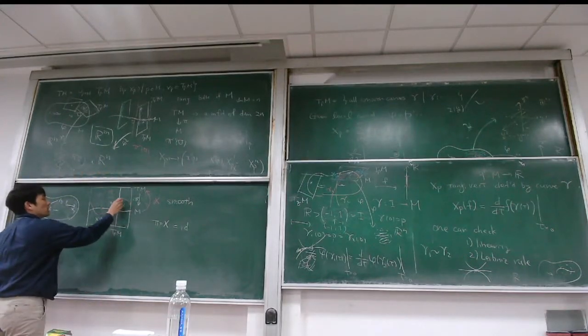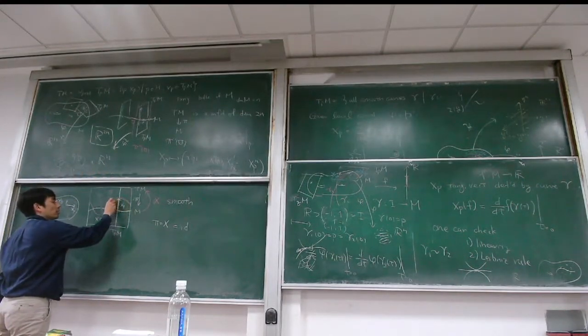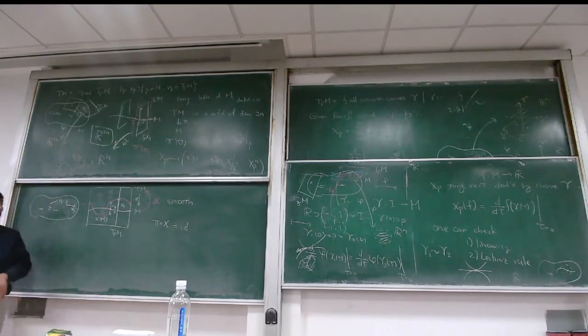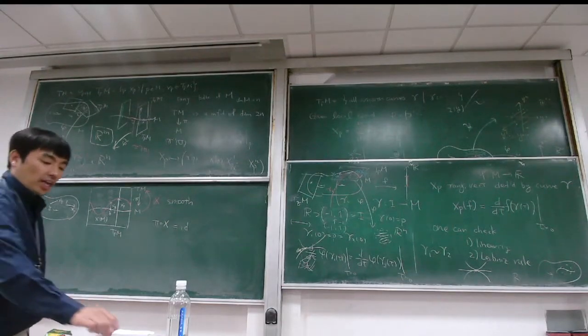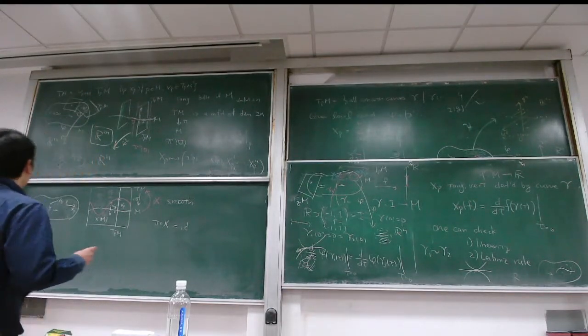Now something interesting happens at this point. What's happening at these two points? What's going to happen to the tangent vector? The tangent vector becomes 0.